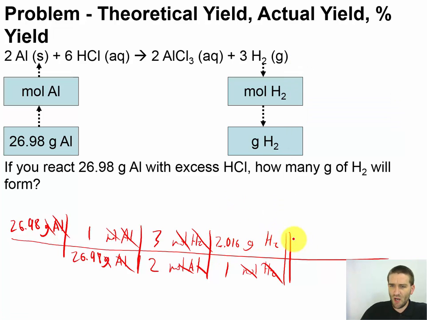So 3.024 what? And do we have sig figs? Well, I've got 4 sig figs for exact, and 4. So the 4 sig figs is correct. I am in grams of H2. So this is our waypoint answer. This is how many grams of hydrogen I think are going to form.